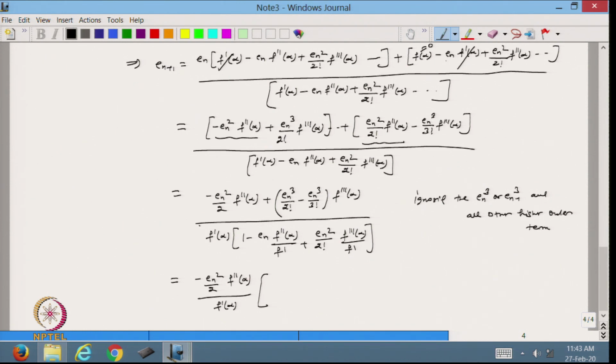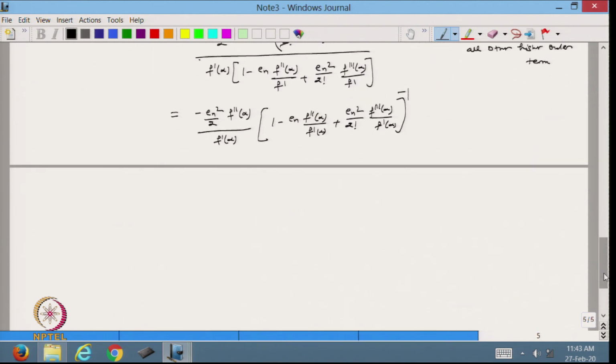So, in that case this will be ignored. So, from here I will get 1 minus En f double dash alpha over f dash alpha plus En square by 2 factorial f triple dash alpha over f dash alpha minus 1.